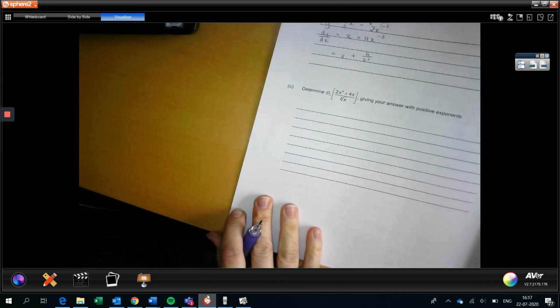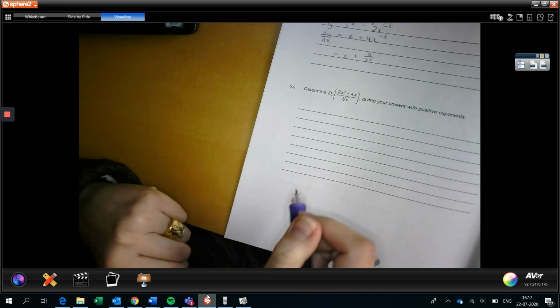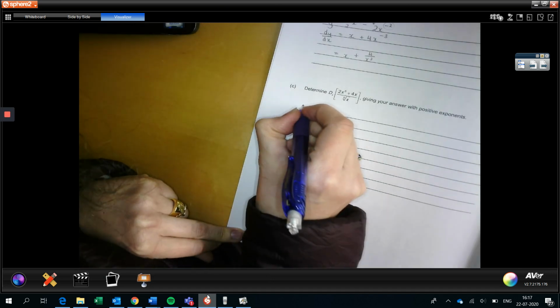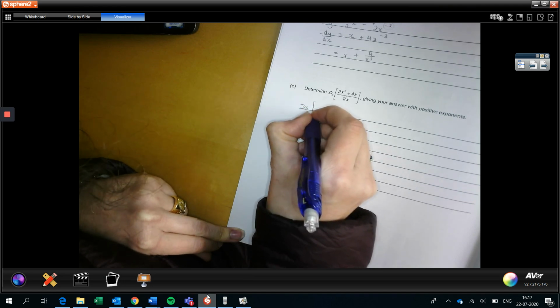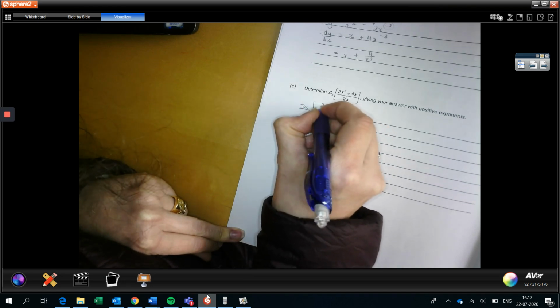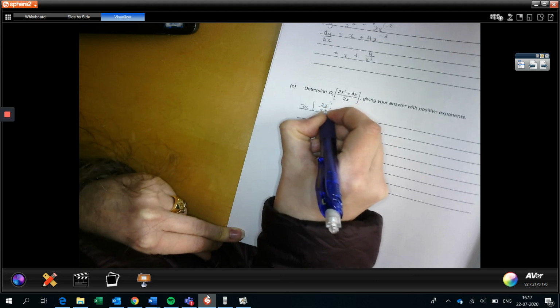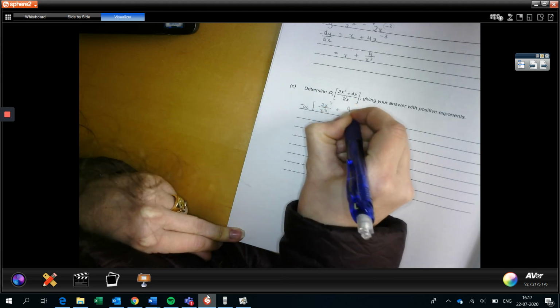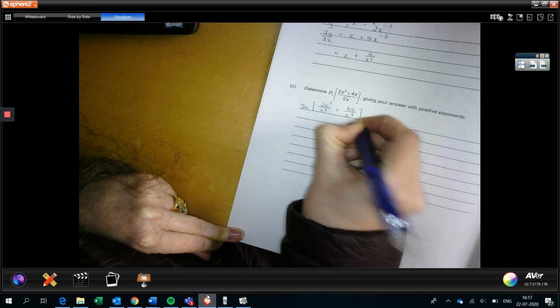And then this kind of notation, you must determine the derivative of that, giving your answer with positive exponents. Again, it's not ready for differentiation, so I need to get it ready. So here I'm going to have 2x cubed over x to the 5th plus 4x over x to the 5th.